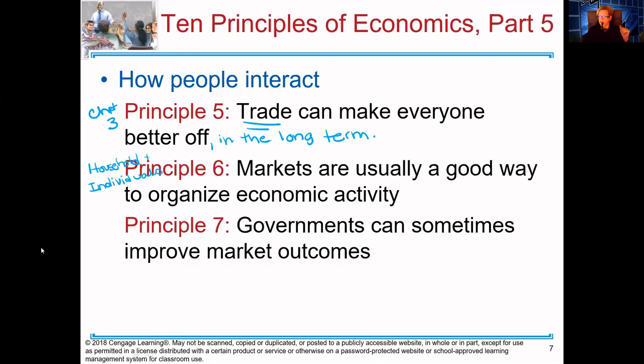Okay. The last one is that governments can sometimes improve market outcomes. And by that, when we talk about a market outcome in this class, we mean market efficiency.